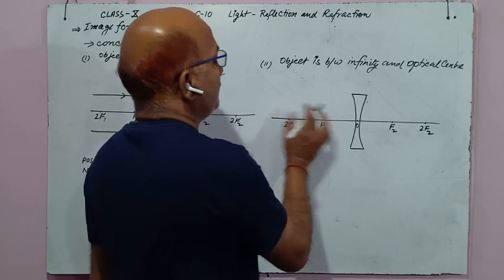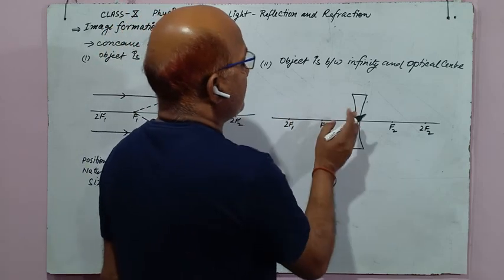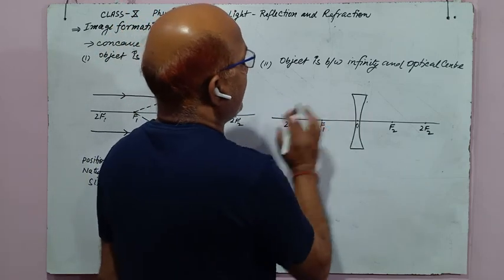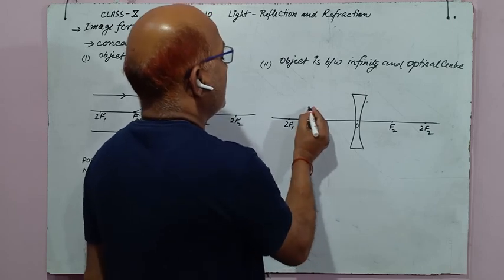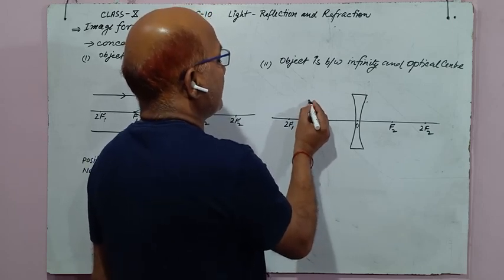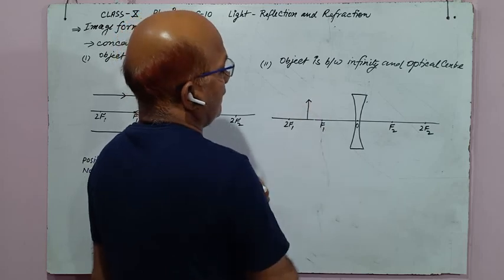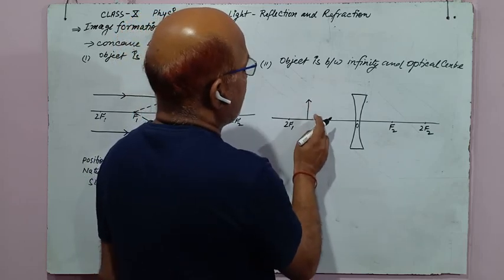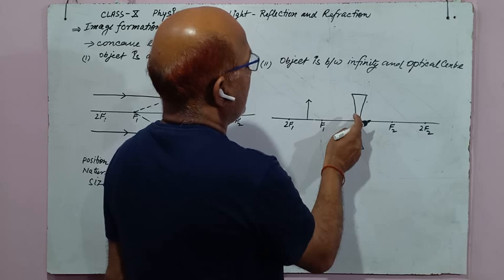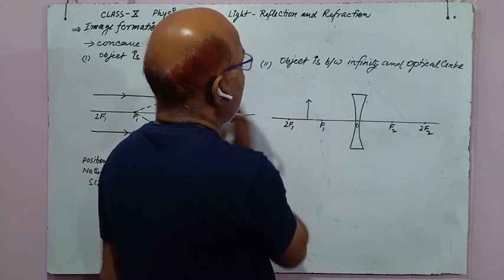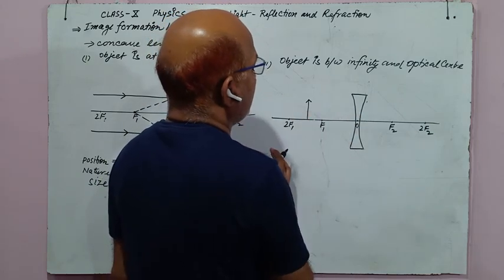So we can place object anywhere between infinity and optical center. So let us see, we place the object here. You can place the object anywhere before optical center and infinity.